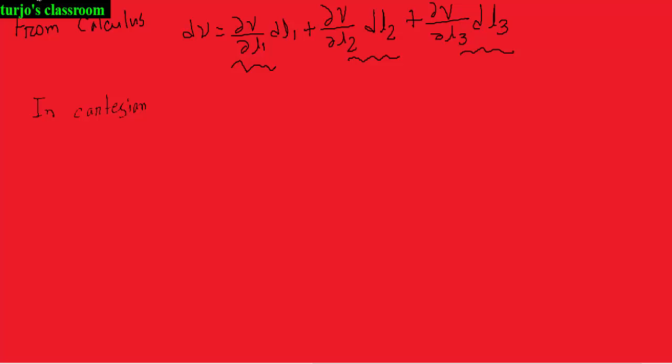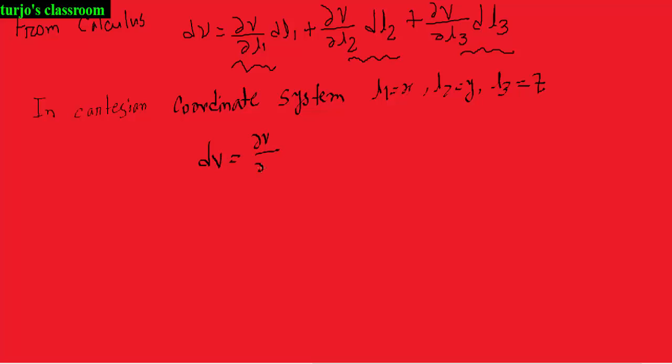So if we choose Cartesian coordinate system, here L1 will be x, L2 will be y and L3 will be z. So in Cartesian coordinate system dV can be written as del V by del x multiplied by dx plus del V by del y multiplied by dy plus del V by del z multiplied by dz.